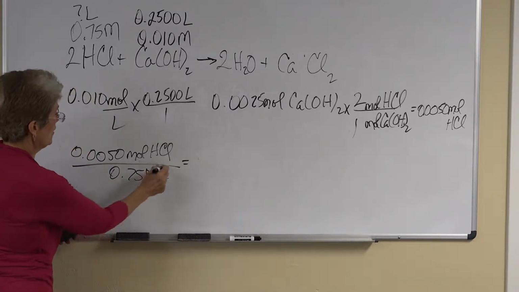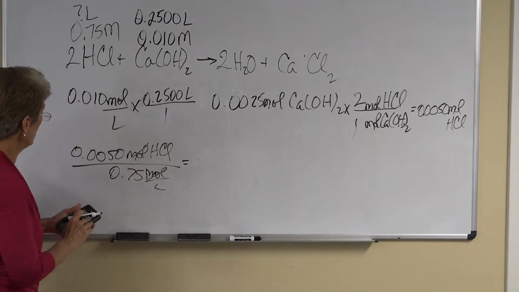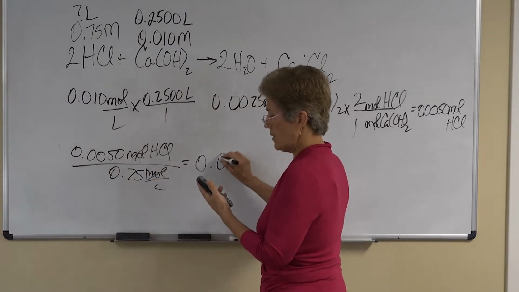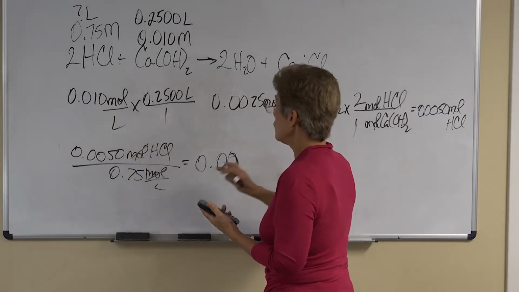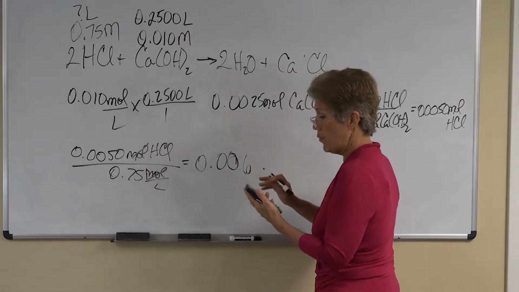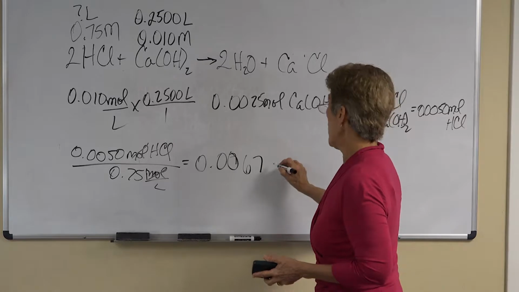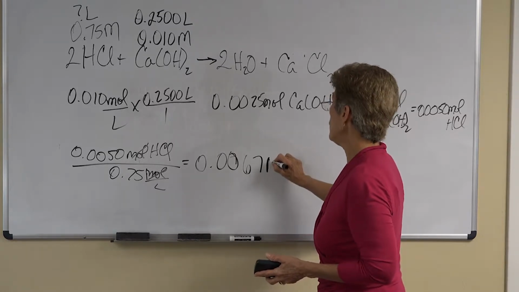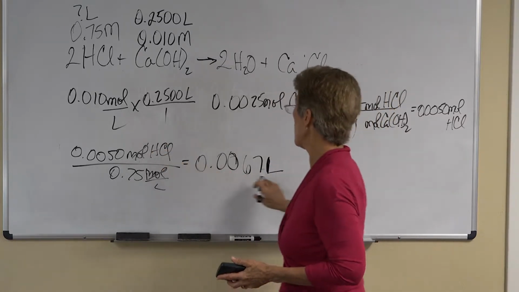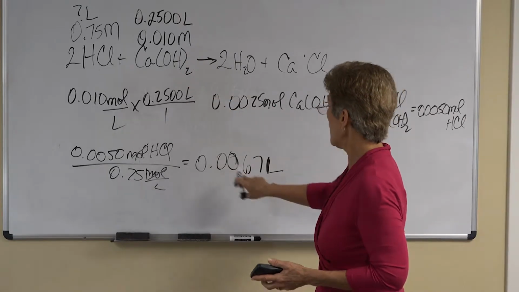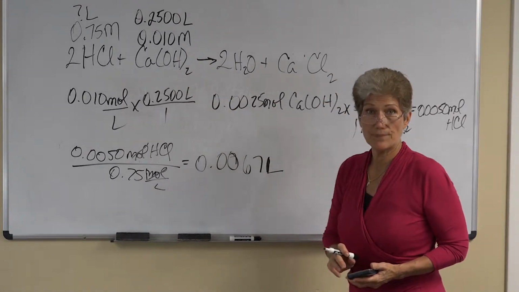And so when we do that, notice the moles cancel and we'll be left with liters. That gives us 0.00, 2 significant figures, and I have 0.00666666, so we're going to go 7, and that would be liters because the moles cancel and I'm left with liters. So I've got my answer, 0.0067.